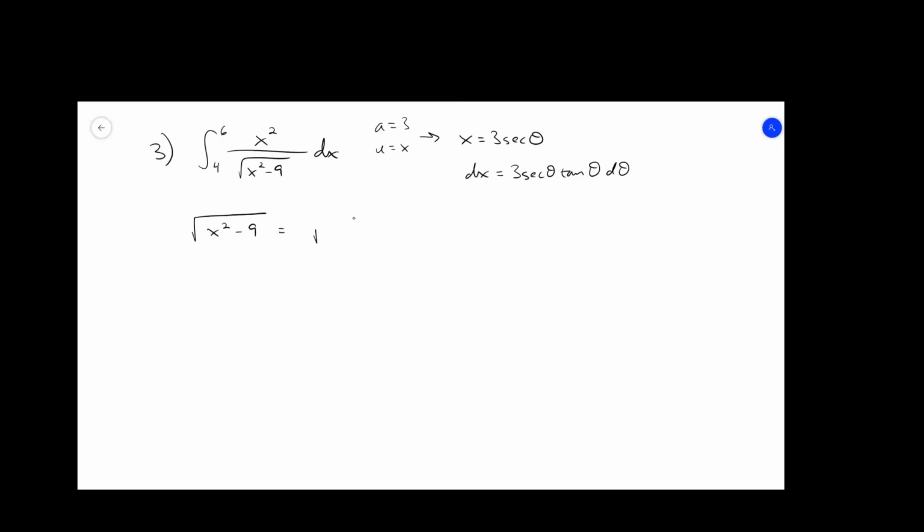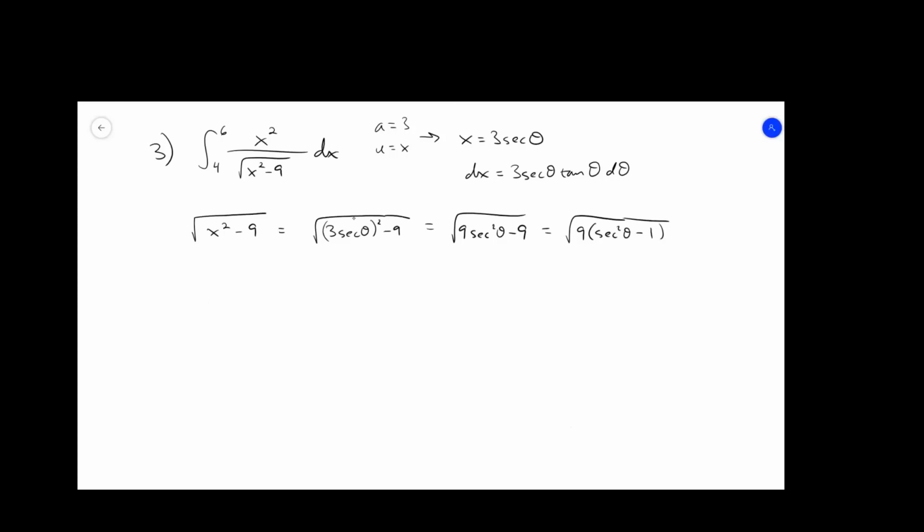So what is that? x was 3 secant theta, so we're going to have 3 secant theta squared minus 9. That gives us 9 secant squared theta minus 9. Notice that you can factor that 9 out of there. That leaves you secant squared theta minus 1.